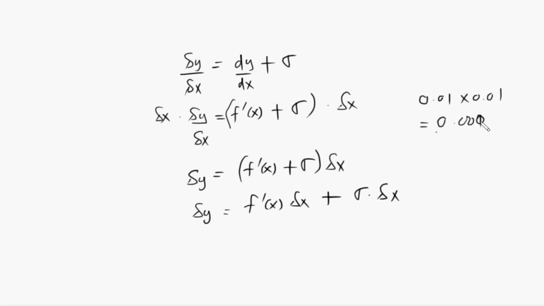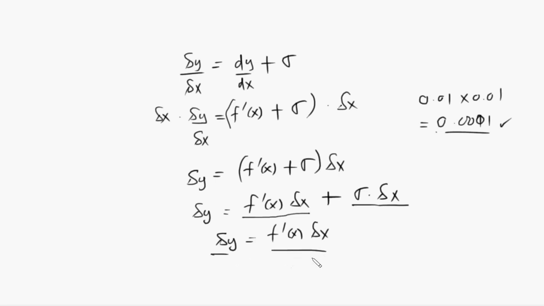So this will give a value that is negligible if you are going to sum up here. So our delta y now is just f dash x delta x. The value you obtain here will be very small compared to the value that will be obtained here. And so this is what I obtain at the end.